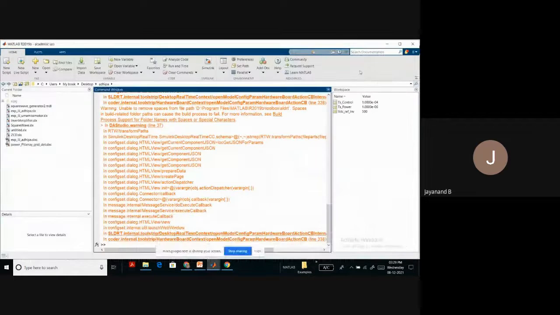Right? In MATLAB, there is an add-ons pin is there, right? So you just click on the add-ons one, get hardware support package.